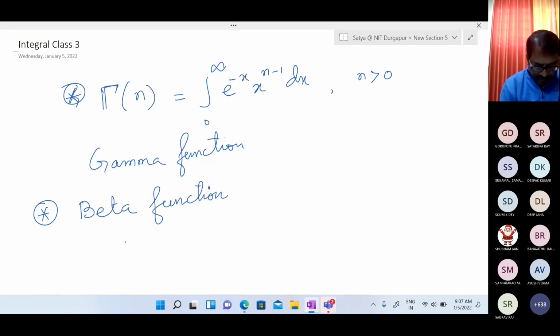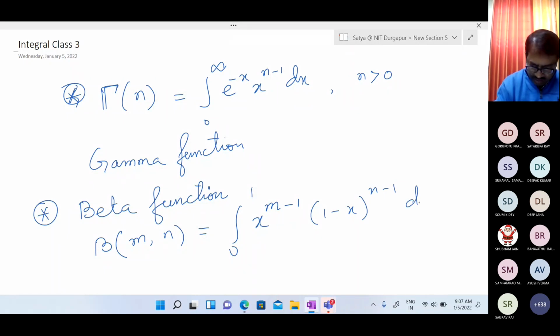Beta function: beta of m comma n equals the integration over 0 to 1 of x to the power m minus 1, 1 minus x whole to the power n minus 1 dx, for m greater than 0 and n greater than 0.